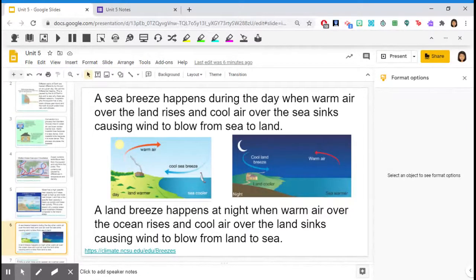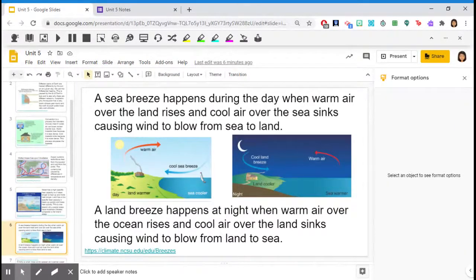At night, you have a land breeze. A land breeze happens at night when warm air over the ocean, because it held the heat that it gained during the day, rises, and cool air over the land, because it lost everything as soon as the sun went down, got cold. Cool air over the land sinks, causing the wind to blow from land to sea.